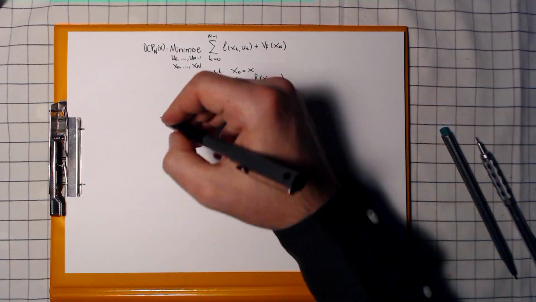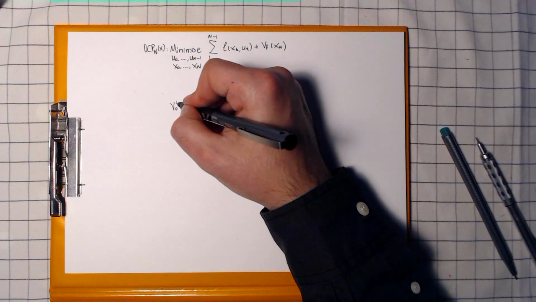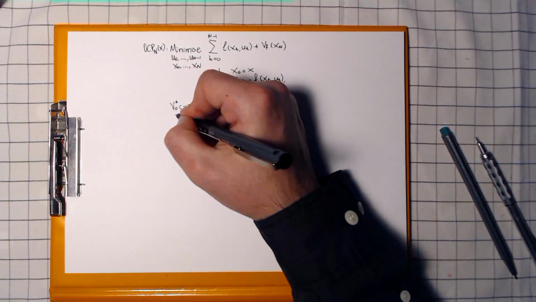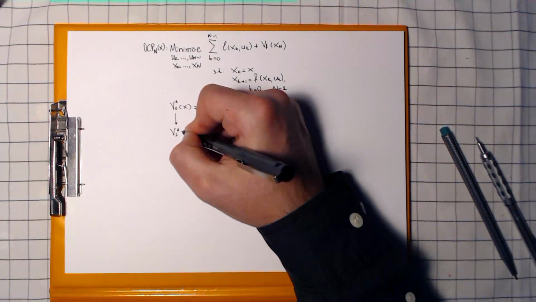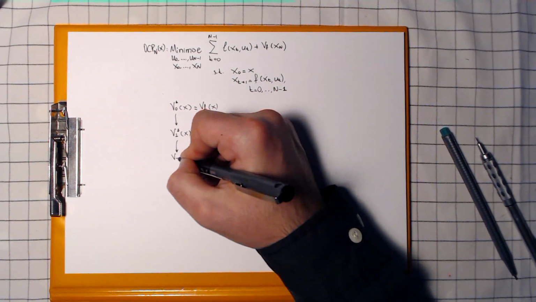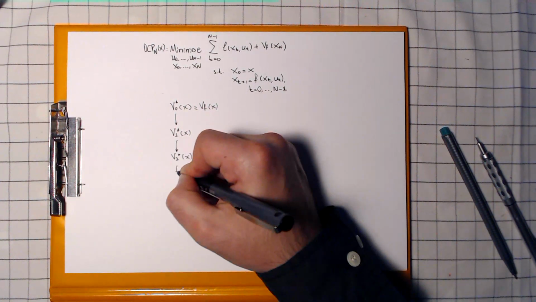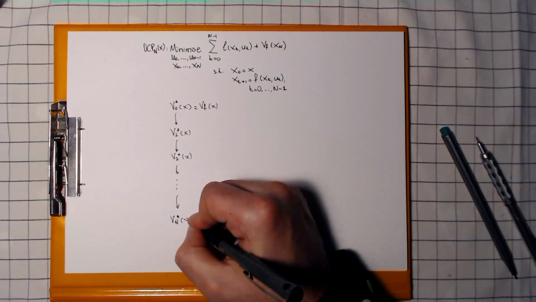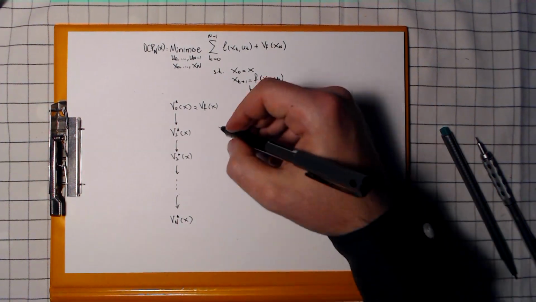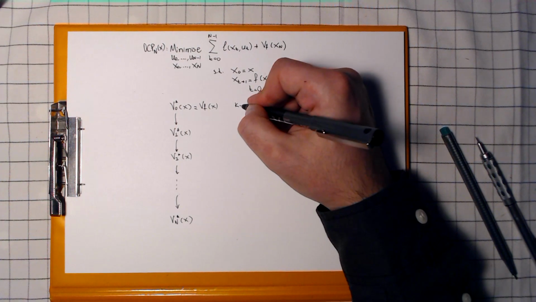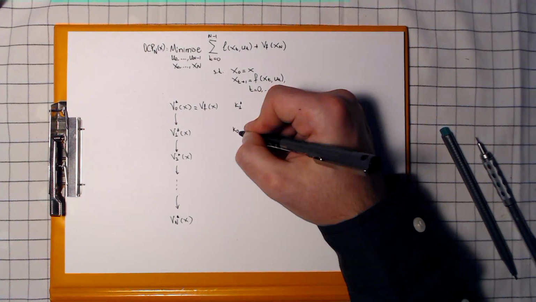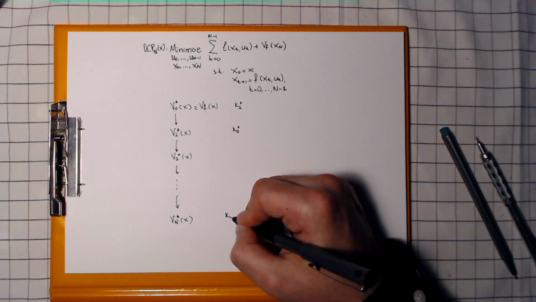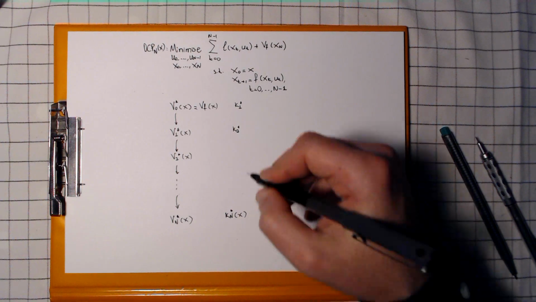You start by defining V0 star as VF, you do the whole procedure and determine V1 star, V2 star, and so on. You determine Vn star recursively using the dynamic programming procedure, and you have also determined kappa 1, kappa 2, and kappa n, and these are all functions of x.